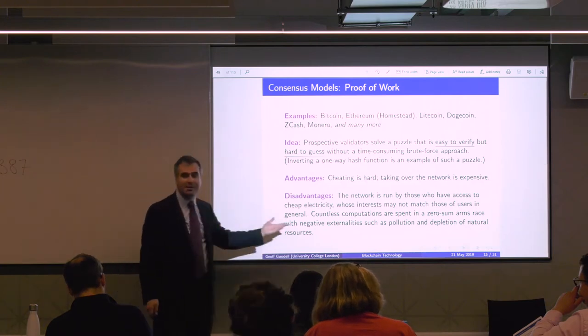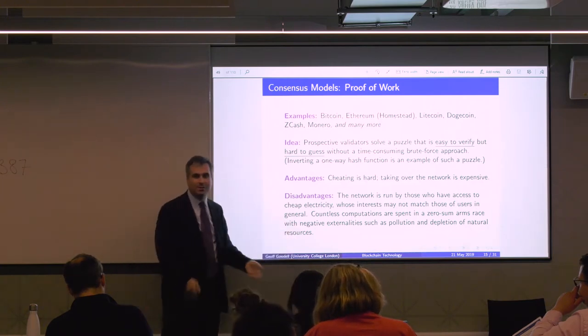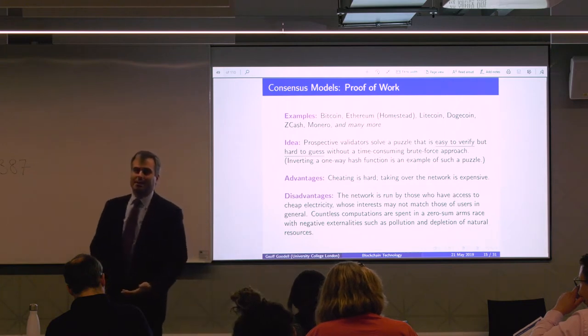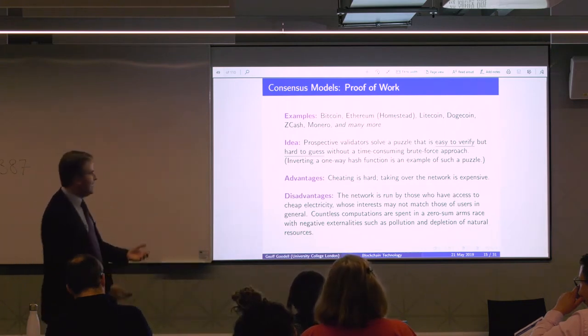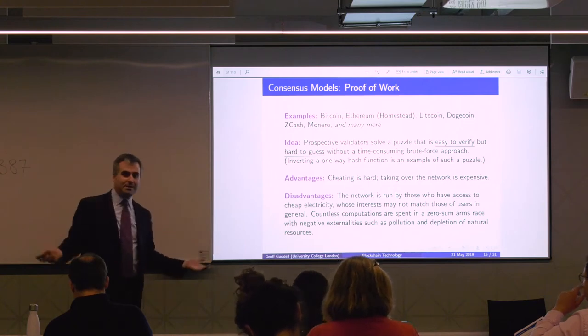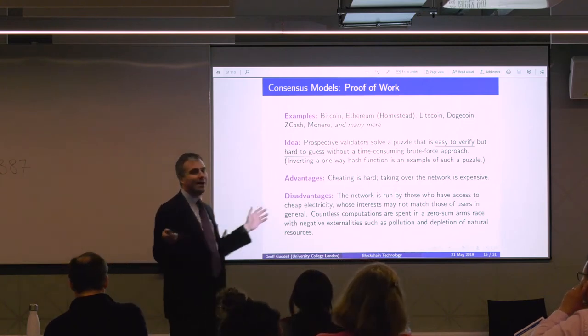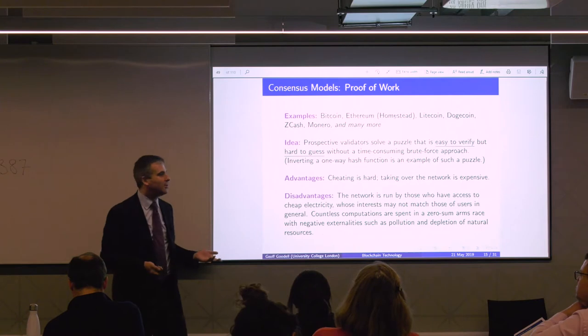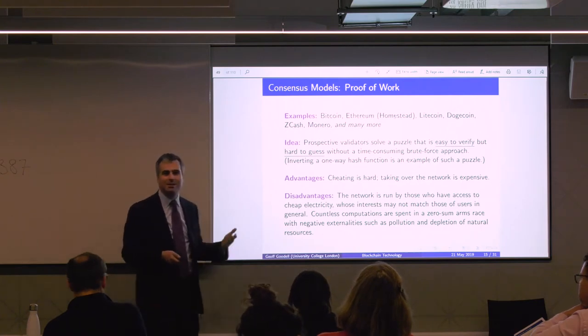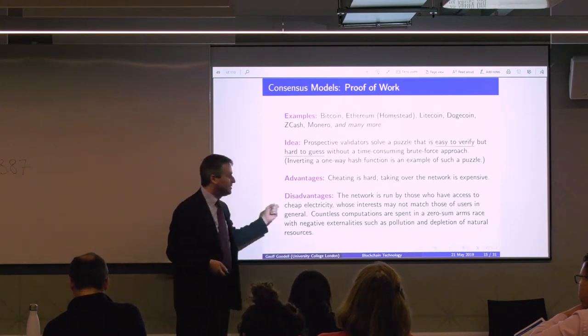that ultimately the network will tend to be run by those who can guess more. And if you build an ASIC or a cluster of ASICs that fills an entire warehouse someplace in Inner Mongolia or Argentina or take your pick, then you will be in control.